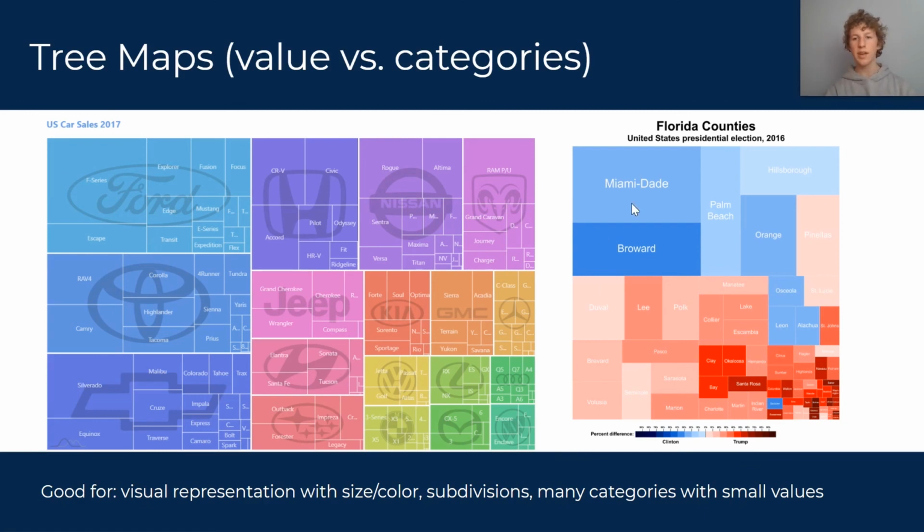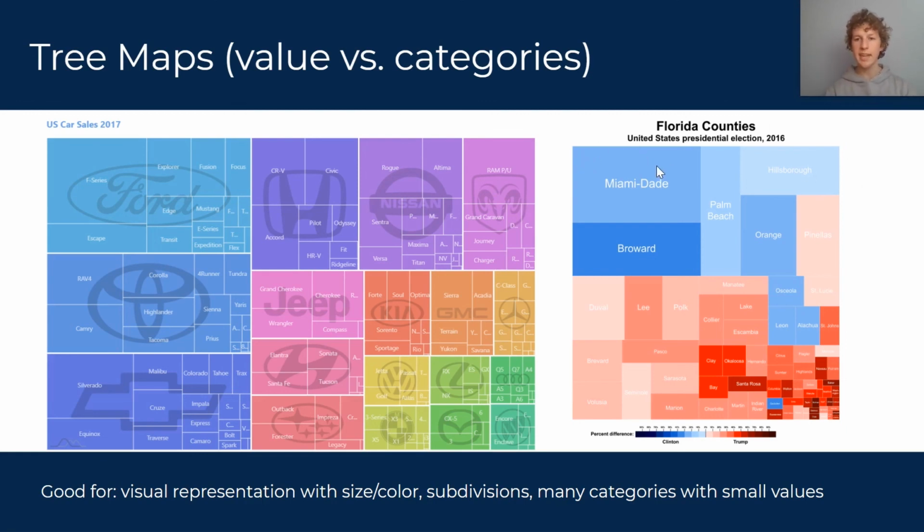So you can see in all of these, the upper left box is always the biggest, or the one with the most value. And then the smallest one is in the bottom right, and that's the one that has the least value. And so these can be used for sales, or over here on the right, election results.